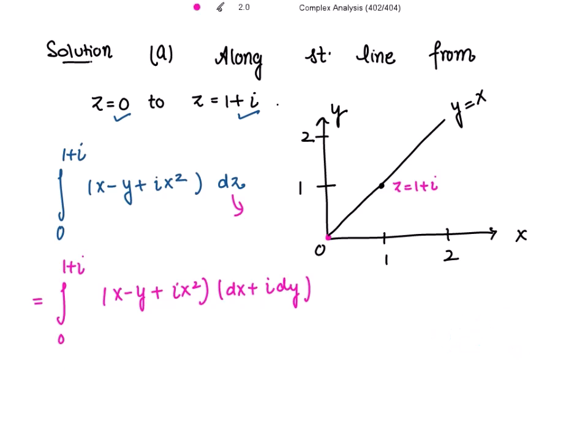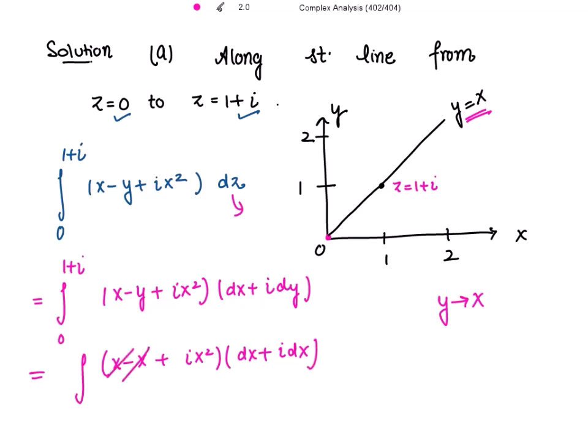Because for the first part we have y equal to x, we can replace either x with y or y with x, whatever way you like. And I'm going to replace y with x. So x minus x plus iota x square, and this is dx plus iota dx, and these two cancel out.